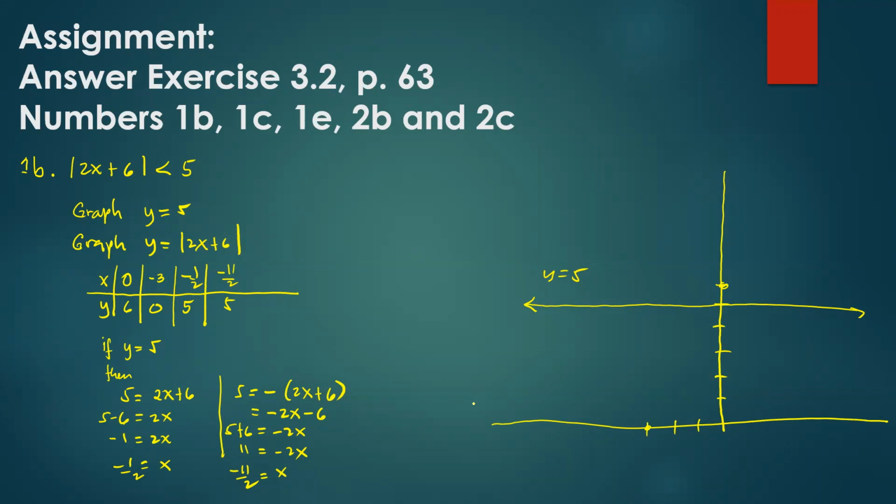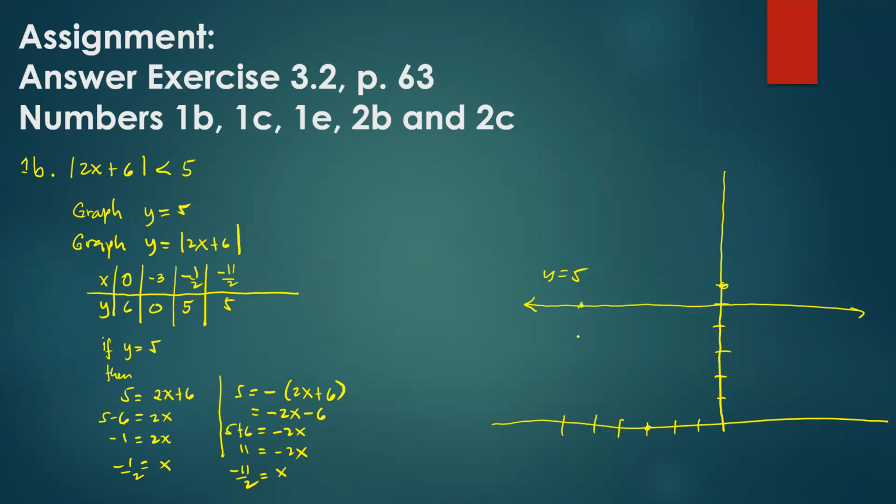Then we have negative 1/2, 5. So this is negative 1/2. This is 5. And we also have negative 11/2, which is approximately negative 5 and 1/2. So 1, 2, 3, 4, 5, negative 1 and negative 5 and 1/2. So it's over here.